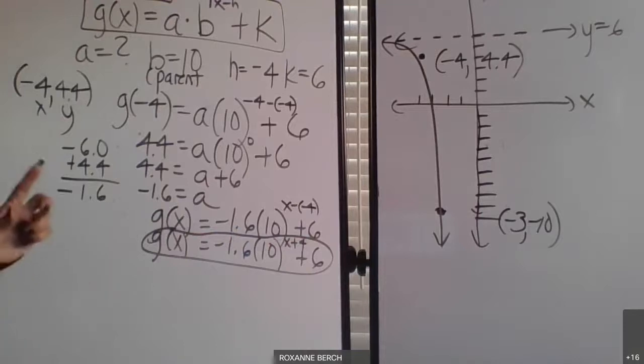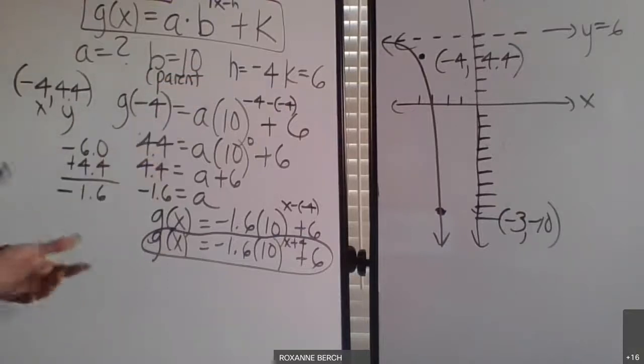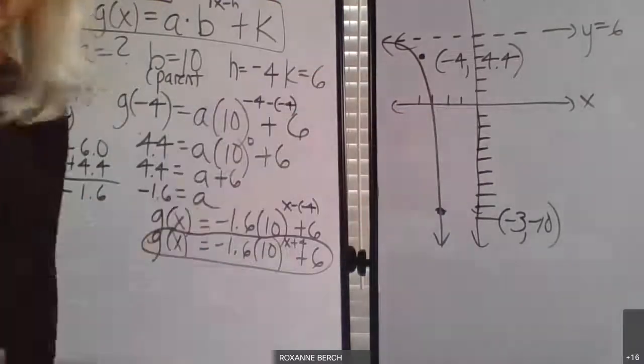So without doing a lot of math, I'm showing you the easiest way to do it when you pick the point closest to the asymptote. And you use the x value to be your h. So let's do a check because I am done for today.